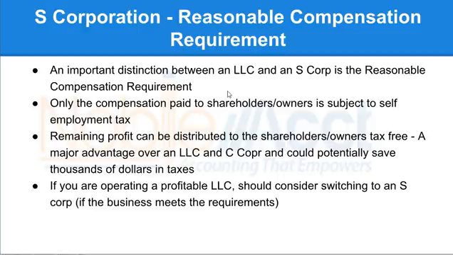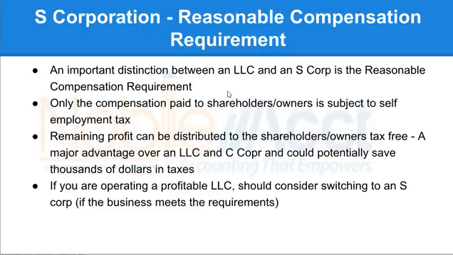Now I'll cover an example in the next video that'll show how a person making $100,000 in net income will be taxed under all three business entity structures: sole proprietorship, LLC, and S corporation. And we'll see how an S corporation can save thousands of dollars for this person compared to the other two entity types.